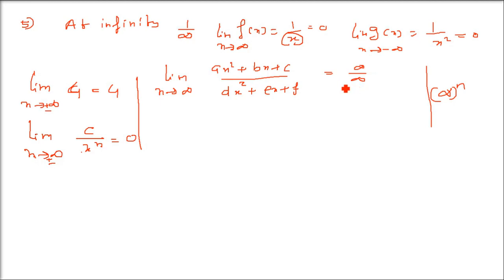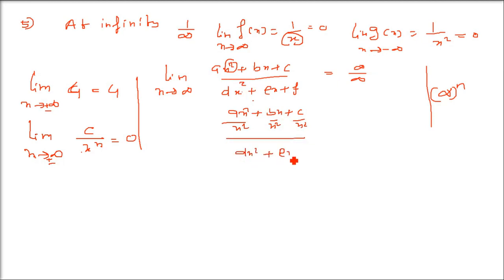So the first step is you have to take the highest power of x in the numerator and denominator both, then divide each term in the numerator and denominator by this term, x to the power k, whichever it is. So we have ax square plus bx plus c. We are dividing by x square, which is the highest power here, both numerator and denominator.